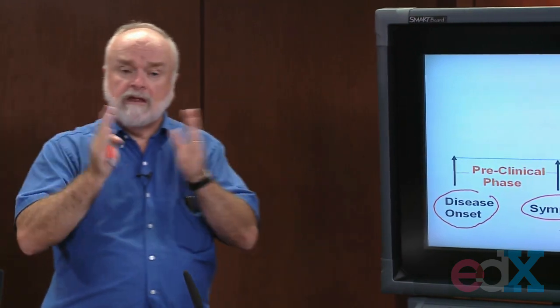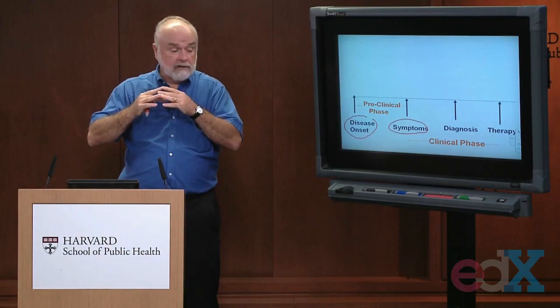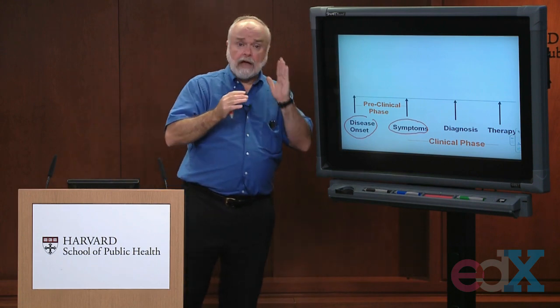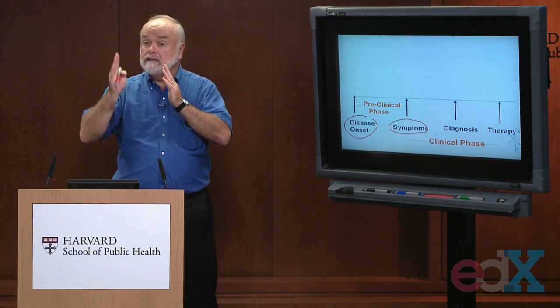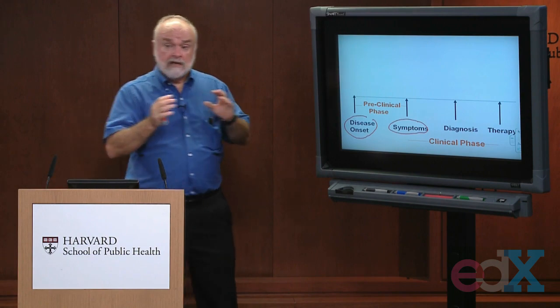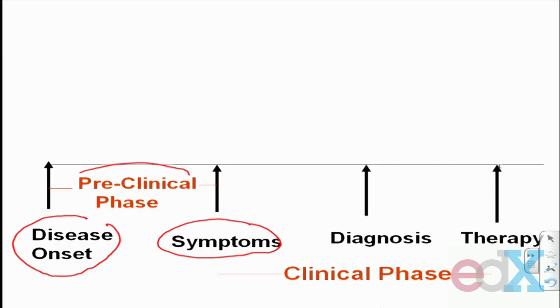As far as she's concerned, she's perfectly healthy. This period might be weeks or months, depending on how quickly the breast cancer is growing to a stage where a lump might be detected when she does her self-examination. That period of time between the actual onset of disease and the development of symptoms that lead to clinical, observable disease is known as the preclinical phase.